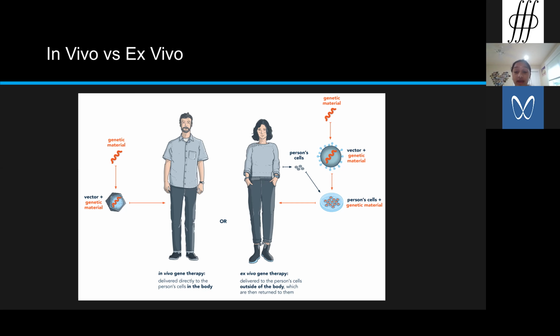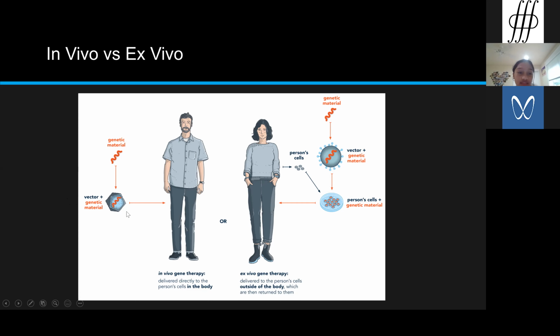And then there's also ex vivo gene therapy, which is basically the transfer of genes into the patient's cell outside of the body. And so the genes are transferred to cells grown in culture or in a controlled setting. And then those transformed cells are selected and multiplied and then reintroduced back into the patient.